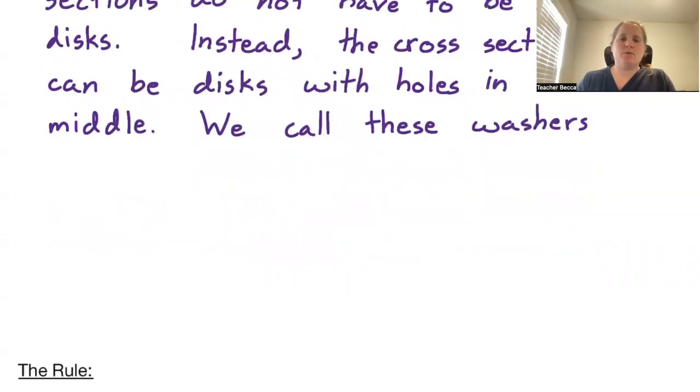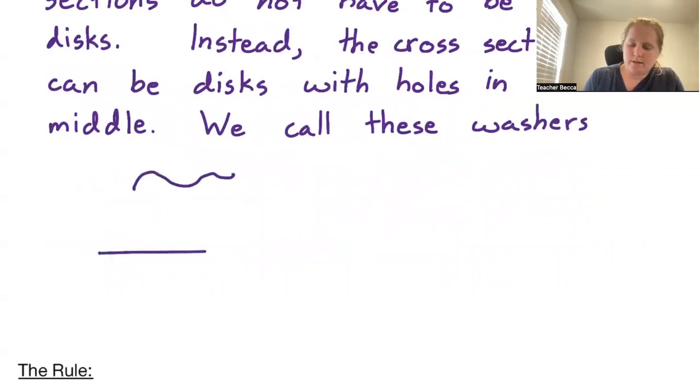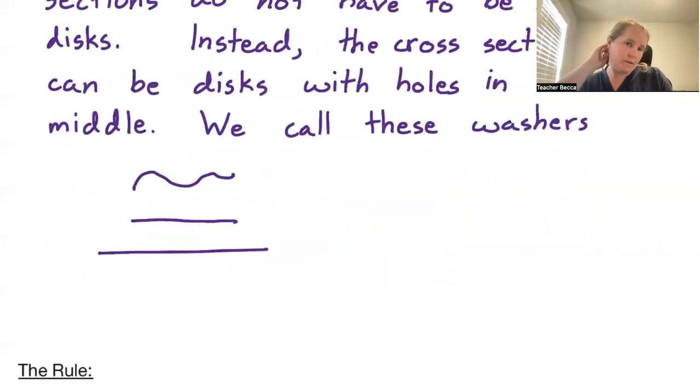So just for a basic visual, if we take some squiggle above the x-axis, and then let's take, say, a horizontal line between the x-axis and that squiggle.